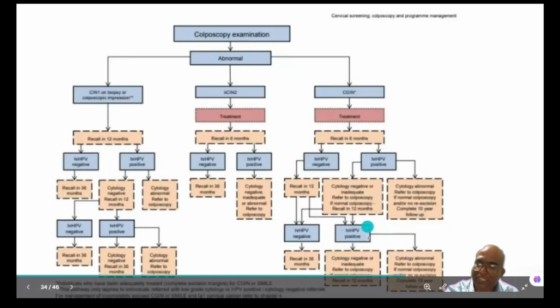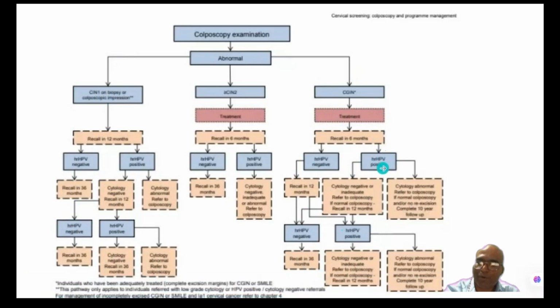The management is almost the same in both cases. Remember, if HRHPV is positive at the TOC at 6 months, and cytology is negative or inadequate, she will be referred for colposcopy. If colposcopy is normal, she will be recalled in 12 months again.